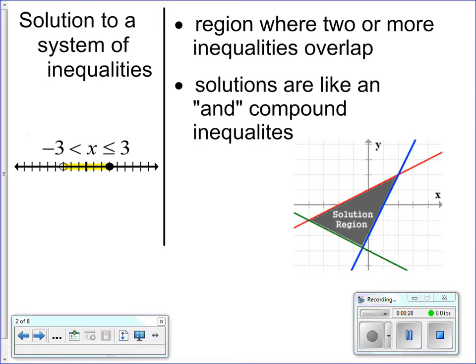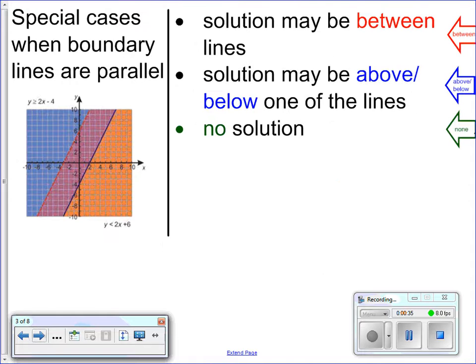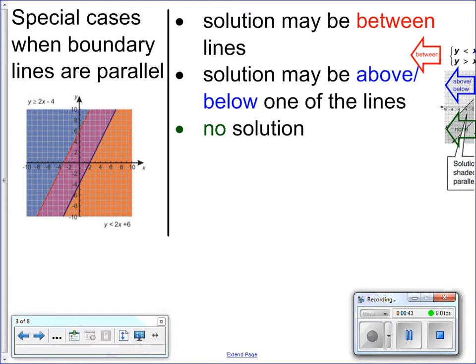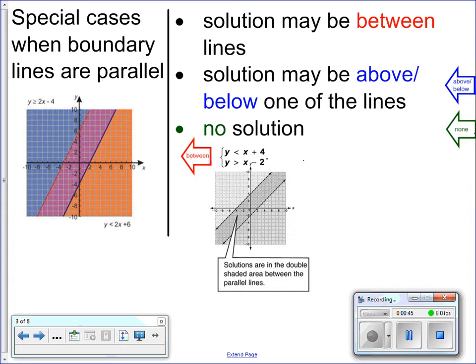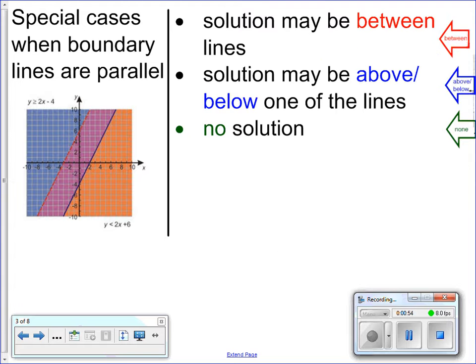So when we do the same thing on a coordinate plane, when we're shading our inequalities, where do they overlap? We have special cases when the boundary lines are parallel, because the solutions may be between the lines, like this. One of the shadings would be above and one below, and so the shaded region where they overlap is in between the two lines.